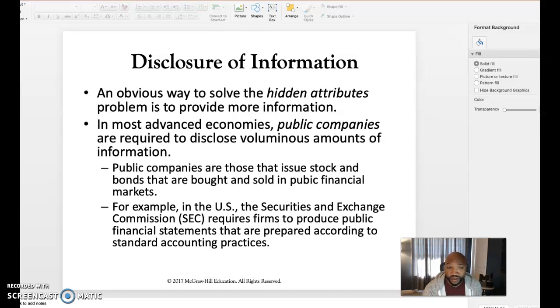They have to provide a clean look at their accounting records. So this helps solve the problem of moral hazard, because you get a review of what that company is doing with your money. So information gathering is huge for both investors and financial participants on the other side of the transaction as well.